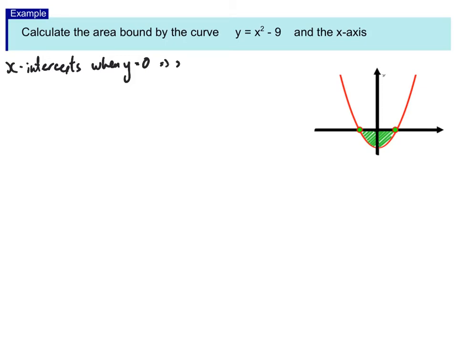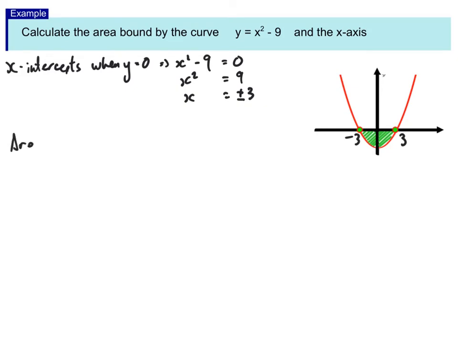So therefore, x squared minus 9 will equal 0. You can go x squared has to equal 9, so x will have to be positive or negative 3. So those are going to be my two limits.